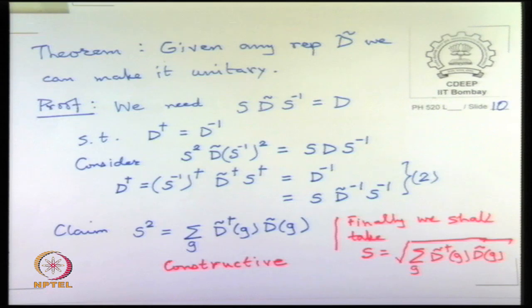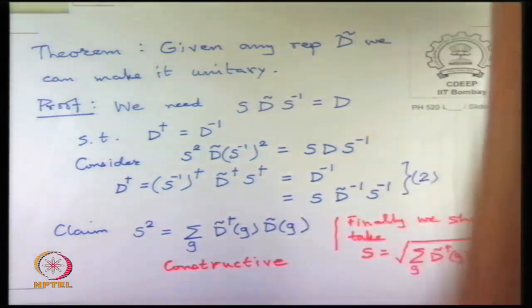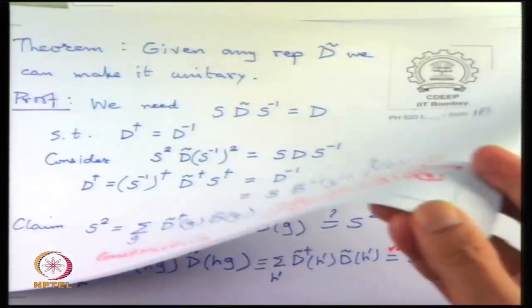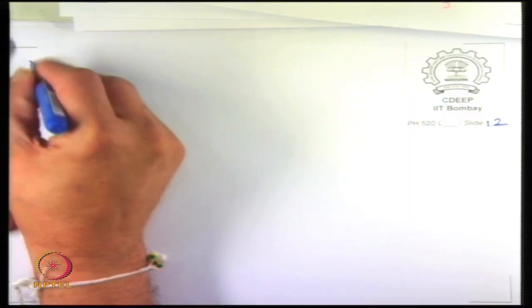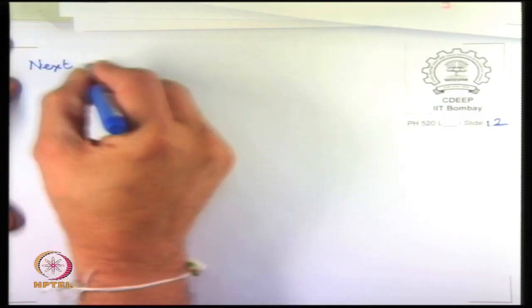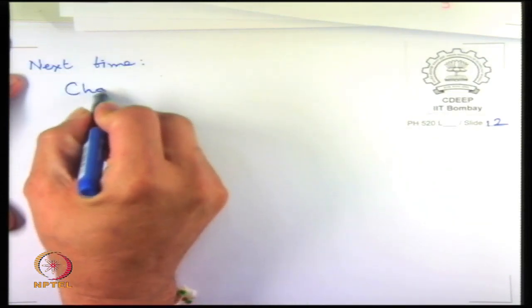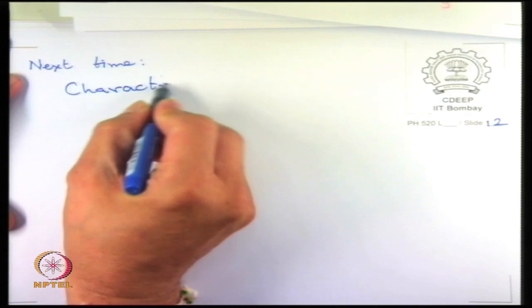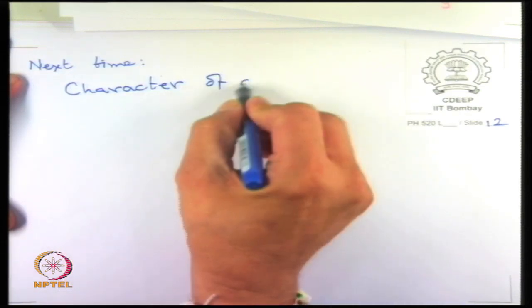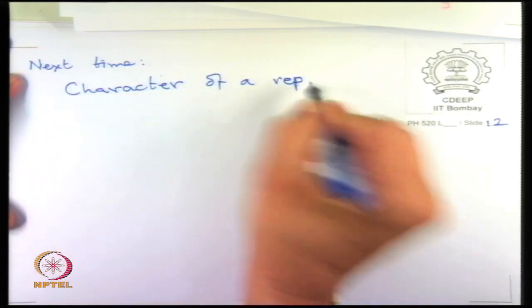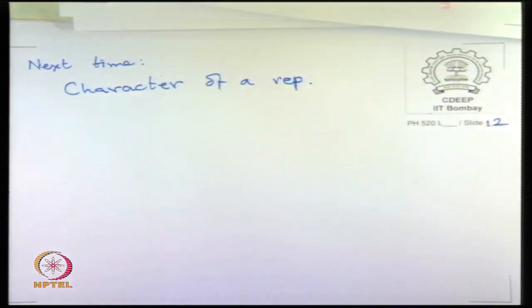So in closing, let me just say the next interesting thing is the character. The word character when used for a representation seems a little strange, but we will later see that it actually represents some characteristics of a molecule. So that's why probably it comes.